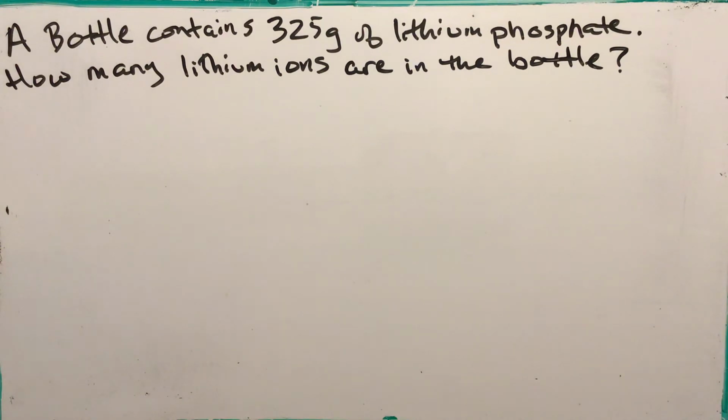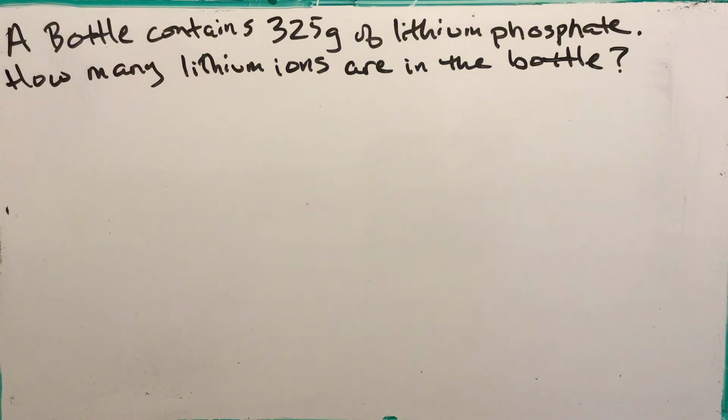So, excuse me, we've got a bottle of lithium phosphate, all right? And it has 325 grams of this lithium phosphate, and it's in that bottle. So our question is, how many lithium ions? I'm asking about one particular part.